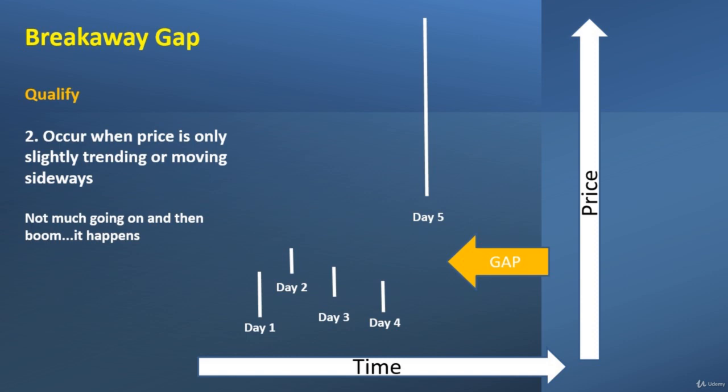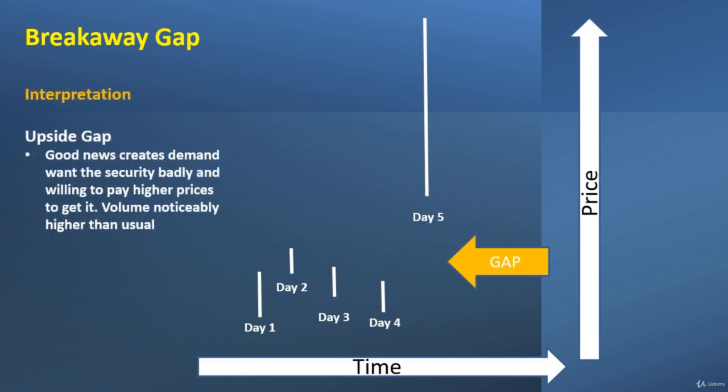So when you're looking at an interpretation of these, let's look at this one here. This is an example of an upside gap, as we know. If something happens, some good news, creates demand, and people want the stock or the security badly, and they're willing to pay higher prices to get it, volume is typically noticeably higher than usual.